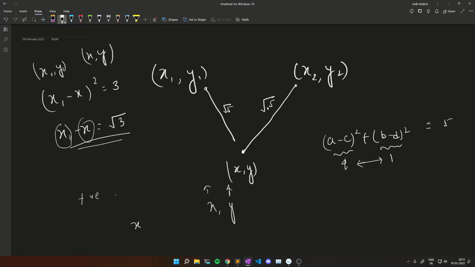So what we have to check is, let's say we are given 2 points x1 y1 and x2 y2, we will consider all the possible points which are 1 and 2 distance away from x1 y1. What I am trying to say is, let's say we are given a point x1 y1 and another point x2 y2.